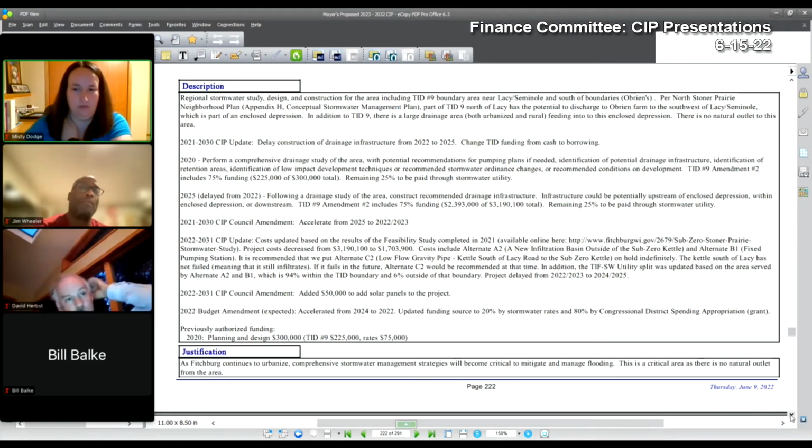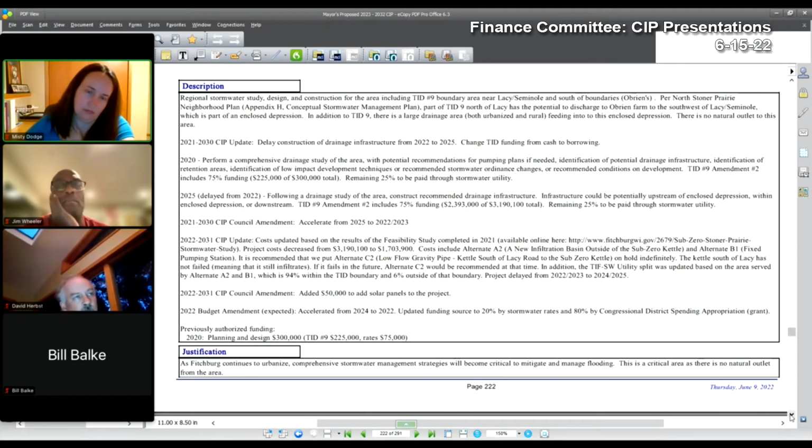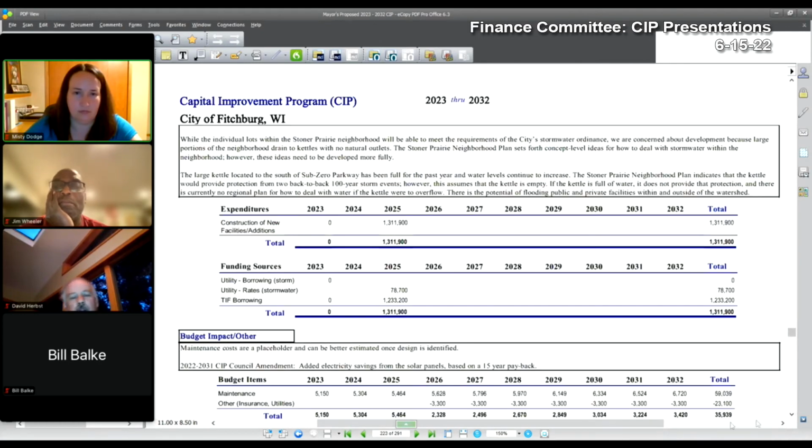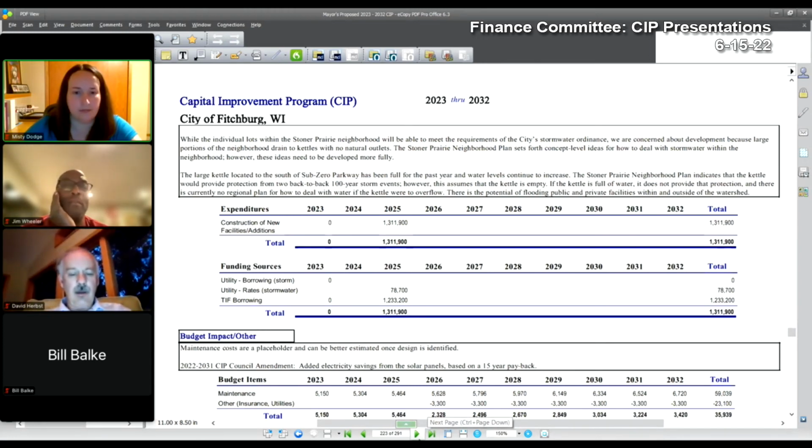The city received a congressional appropriation to complete the design of the solution in 2022-23. Construction of the solution is dependent upon future funding. The city has an emergency pumping plan available to temporarily reduce the flooding elevations, but a long-term solution is required. So this project was moved from 2024 to 2022-23 to reflect the appropriation that was made.